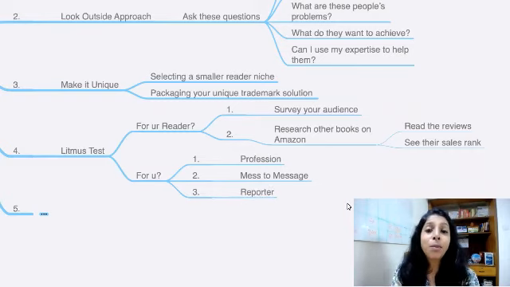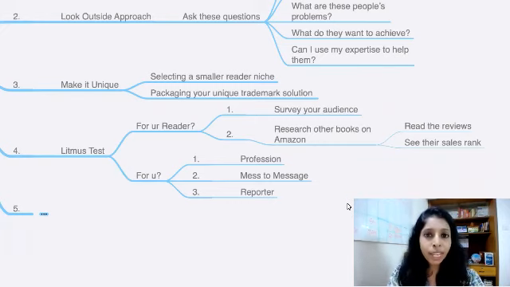Or the third one, okay, is that of a reporter. Now, who is a reporter? For example, I may be a movie buff, all right? It's not my profession, it's not a mess or anything of that sort, but I'm just curious about the process of screenplay writing for movies. I have zero experience, but I am curious to learn that just out of my passion for movies.